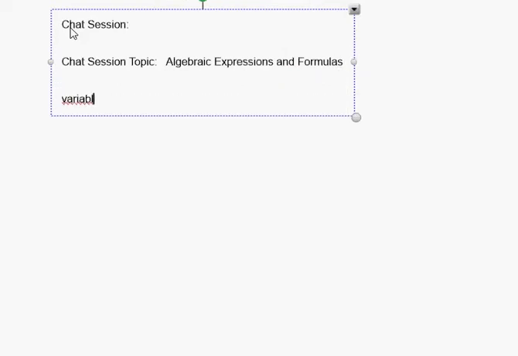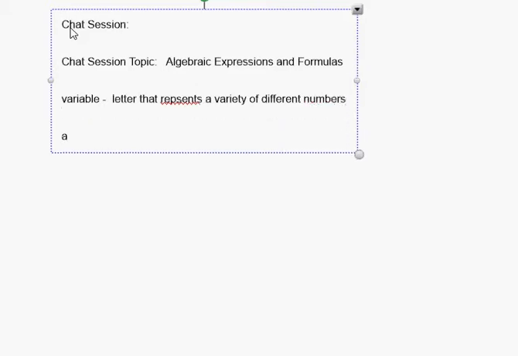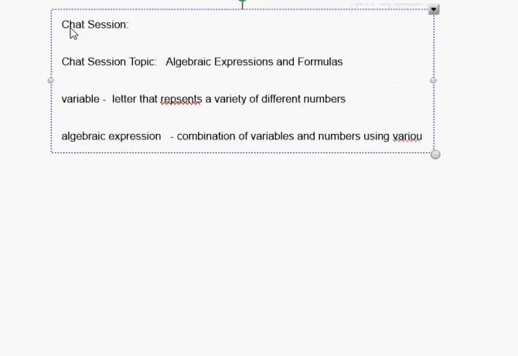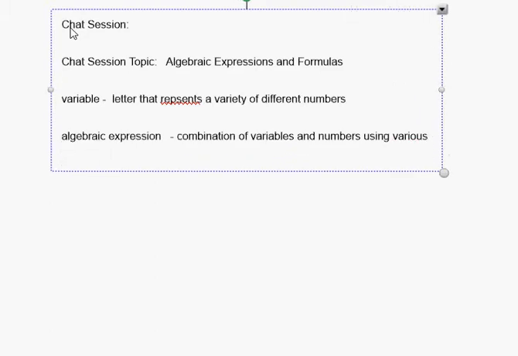A variable is a letter that represents a variety of different numbers, where an algebraic expression is a combination of variables and numbers using various operations.